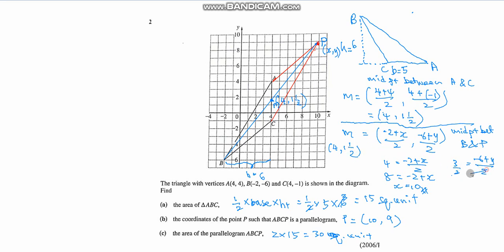Cancel the 2. Bring this over here, 3 plus 6, so y equals 9. So this is the same as the one that we calculated using the boxes. So that's it. You either count the boxes or you use the midpoint between the two opposite diagonals.